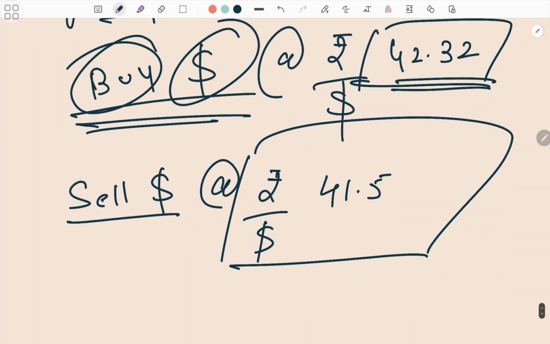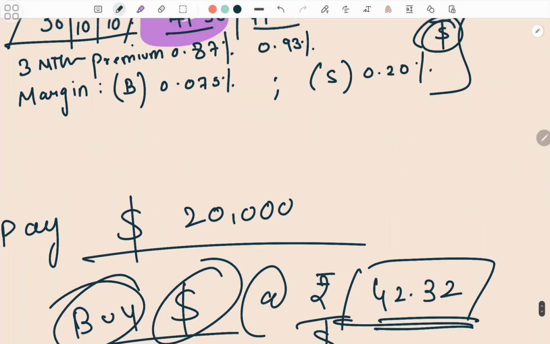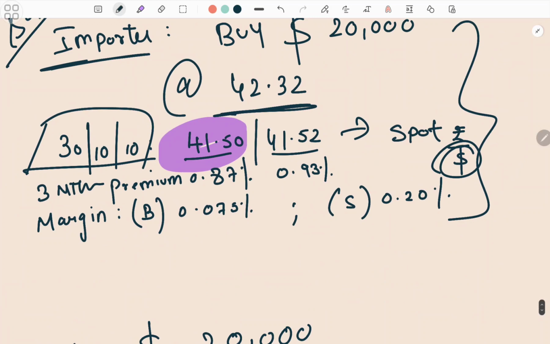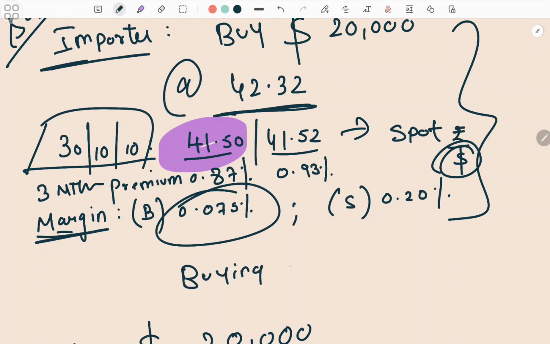Now, will this be the final rate? No. In this particular question, they have given me some margins. The margin is, by the way, from the point of view of the bank. If the bank is buying, it is the buying margin, 0.075%.